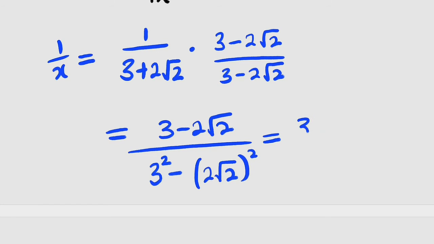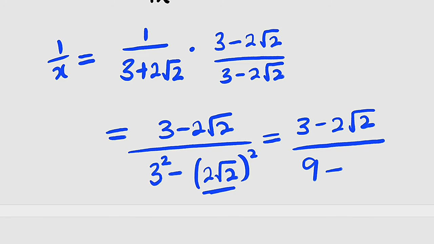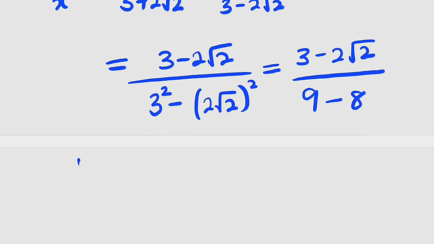This is equal to 3 minus 2 root 2 divided by 3 squared, which is 9, minus, you're going to square everything here, 2 squared is 4 and root 2 squared is 2, 4 times 2 is 8. You can clearly see that the bottom is 9 minus 8, which is equal to 1. Therefore, 1 divided by x is equal to 3 minus 2 root 2. If you divide by 1, it will not change.